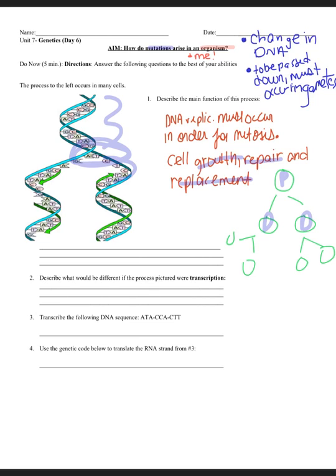Then those two daughter cells go on to have their own daughter cells, and then the process keeps occurring, right? And that's how the same genetic information is spread.